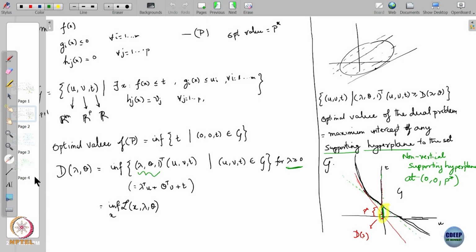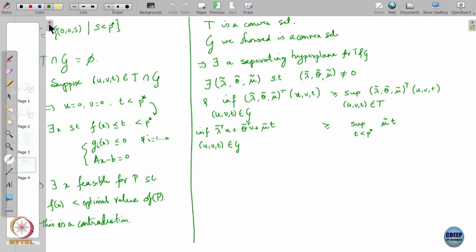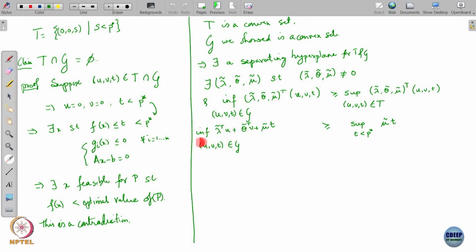So, if u, v, t belongs to G here, then u and T can be made arbitrarily large. Their values can be made arbitrarily large. If their values can be made arbitrarily large, what's the only conclusion that can be drawn from here? Let us think of it this way.